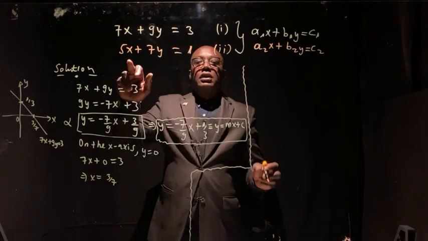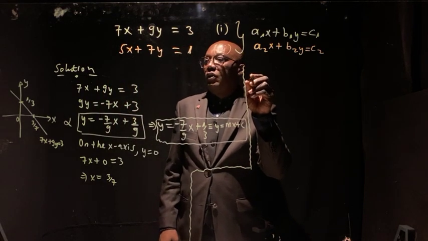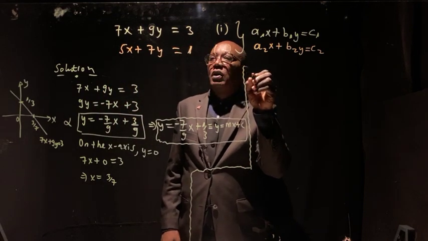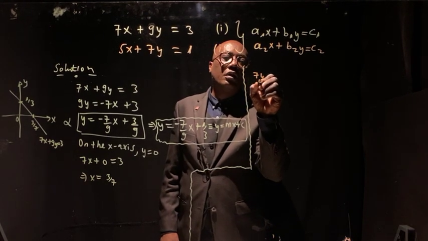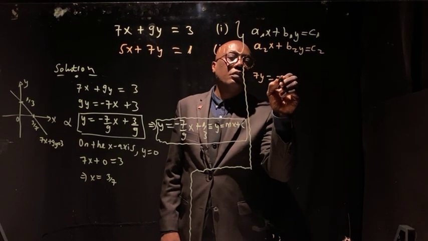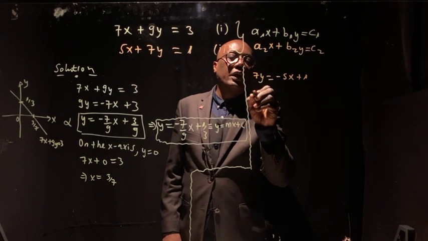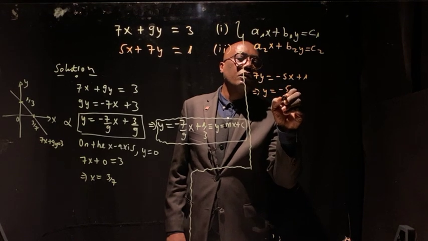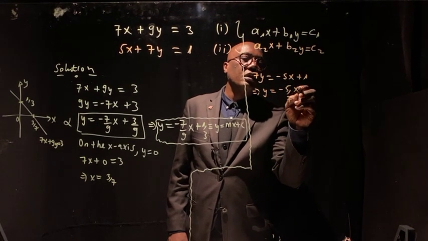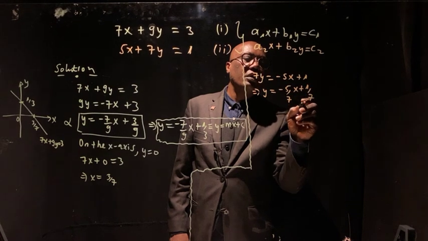From this equation, we'll do the same thing as we did there. From equation 2, we are trying to make y the subject, so it becomes 7y equals minus 5x plus 1, which implies y equals minus 5 over 7 x plus 1 over 7.